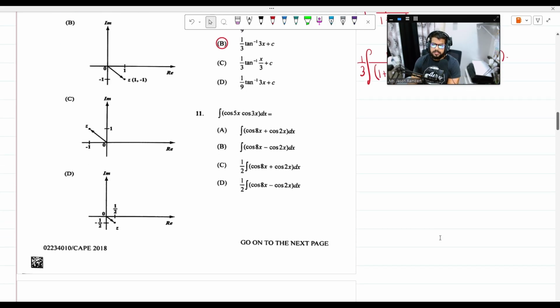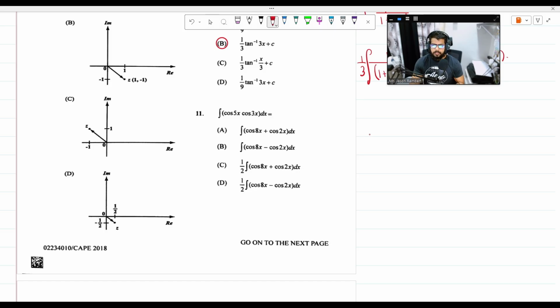The integral of cos 5x cos 3x is going to be, now if we remember the sums as products and differences or vice versa, that's going to help us out a lot here.